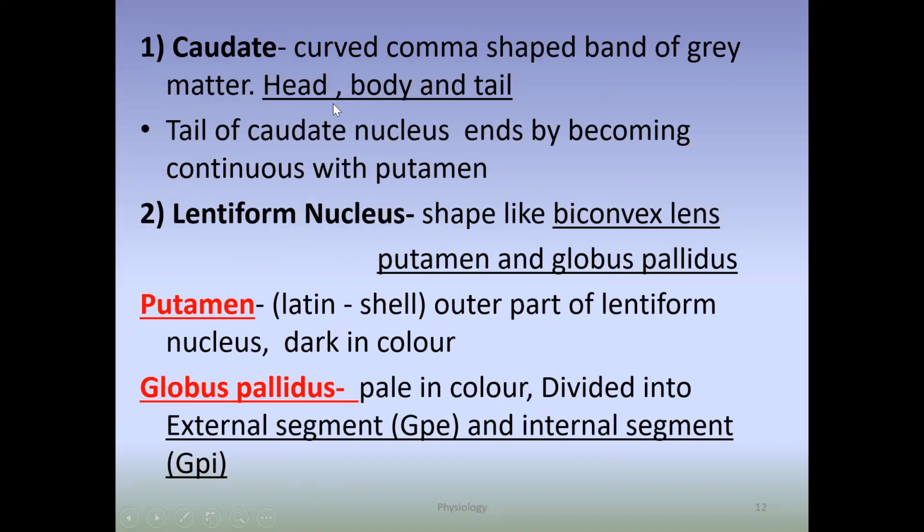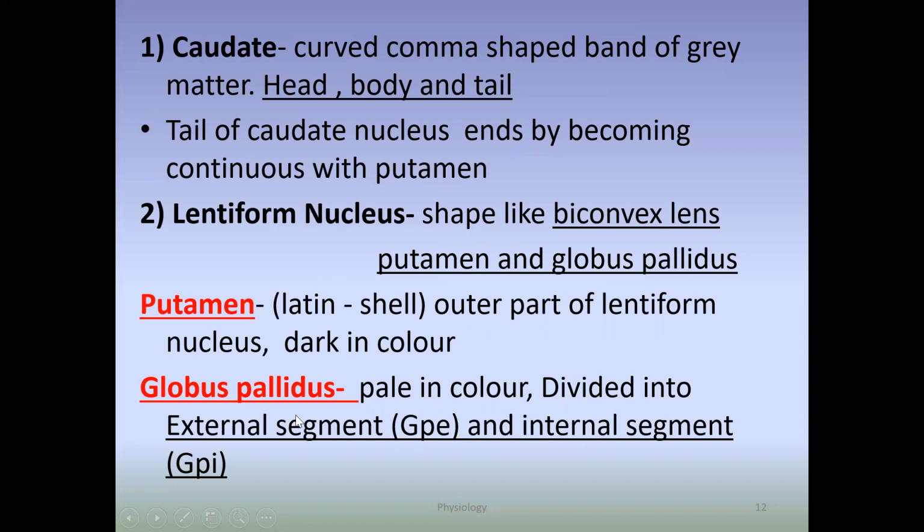As you know, the caudate is a C-shaped structure having a head, body, and tail. The tail of the caudate nucleus ends by becoming continuous with the putamen. The lentiform nucleus, as you know, is the putamen and globus pallidus. It is a biconvex lens-shaped structure. The word putamen comes from the Latin word for shell. The outer part of the lentiform nucleus is dark in color.